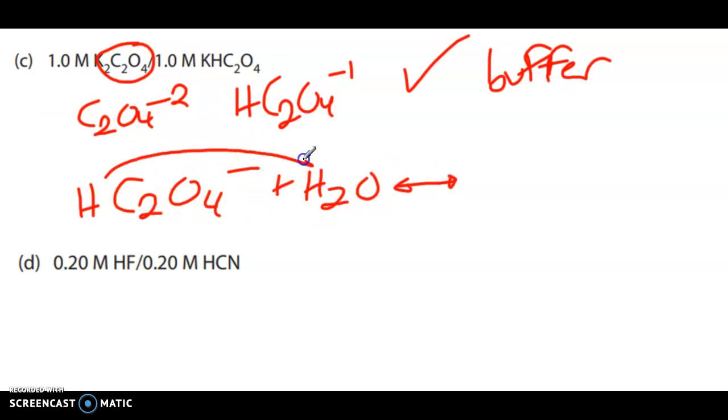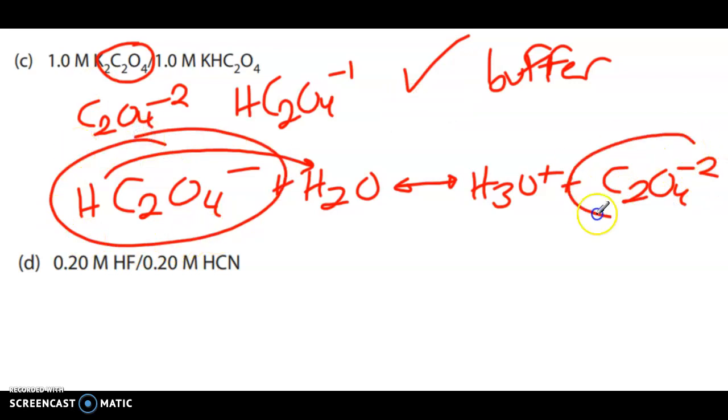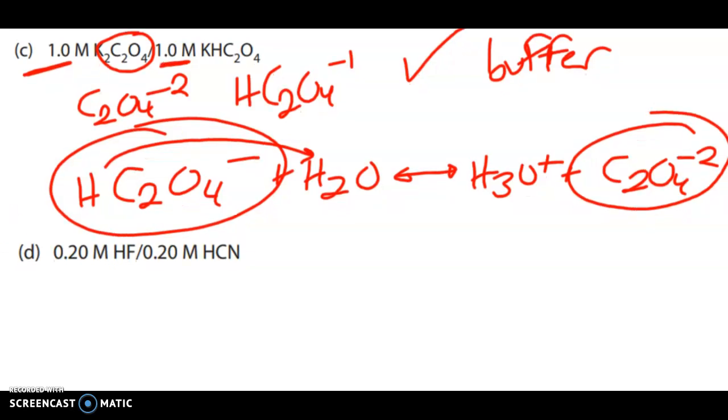And then this would essentially become hydronium and C2O4. So we have the weak acid and the conjugate base in the same solution, and in this case exactly the same concentrations. So that meets our buffer checklist.